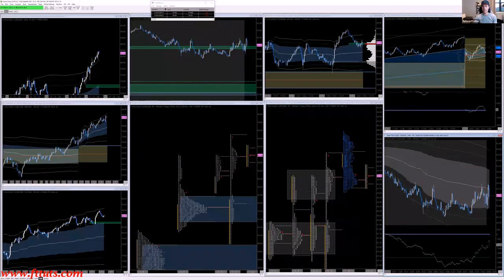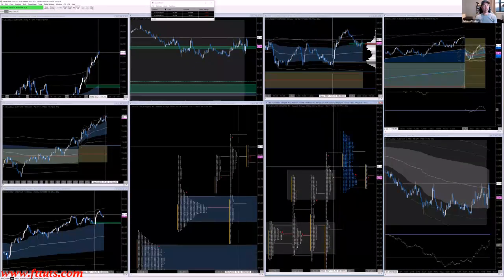CL with some decent selling there. It's back to delta neutral RTH. Nothing's changed really in terms of where we are in terms of yesterday. So we got to the edge of yesterday's single prints for the pit session.